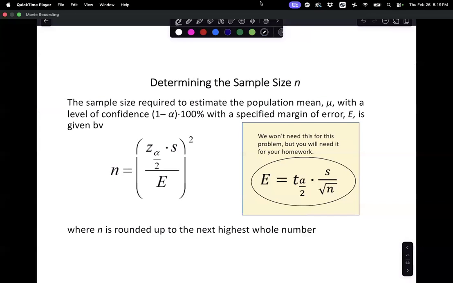Now, the issue we have when we're finding the sample size with mean is that we need a sample size in order to get our t-value, because that requires us to know how many degrees of freedom it is.